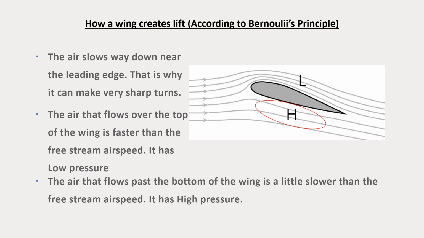The air that flows under the bottom of the wing is a little bit slower than the free stream airspeed, and since it's a little bit slower, it has a little bit higher pressure than atmospheric pressure. This high pressure on the bottom of the wing and low pressure on the top of the wing create a net force upward on the wing.